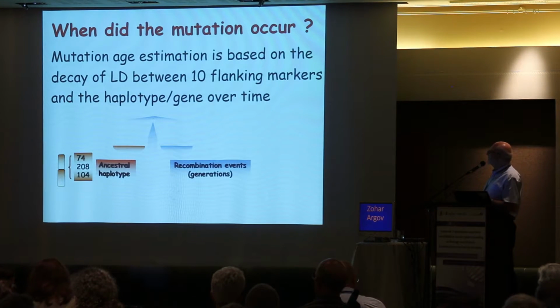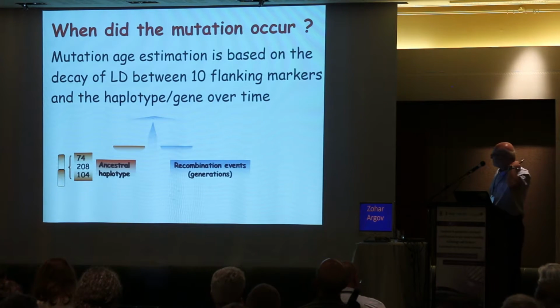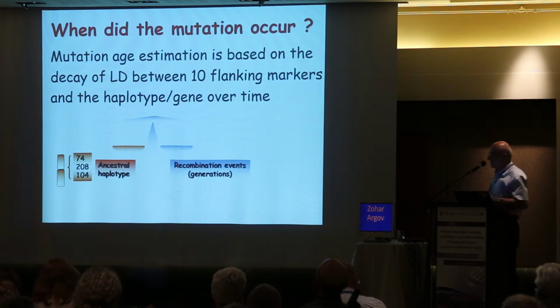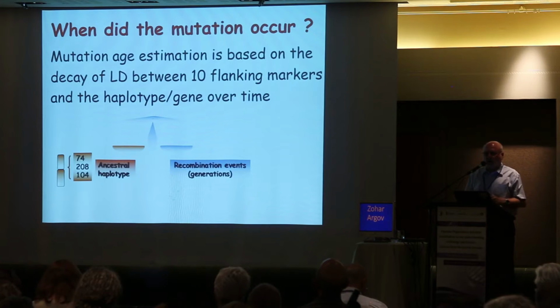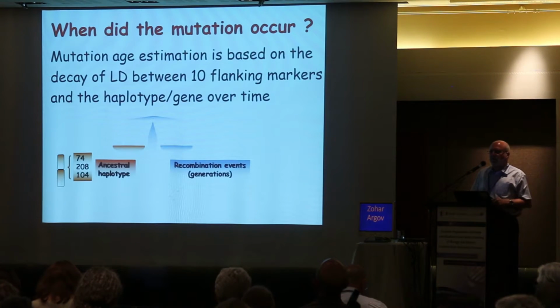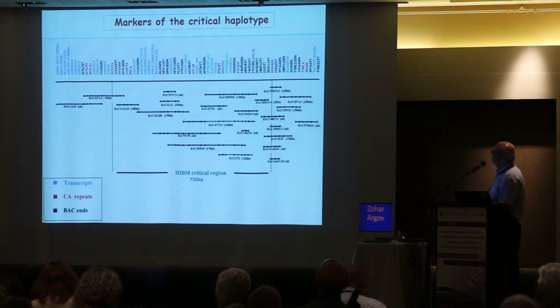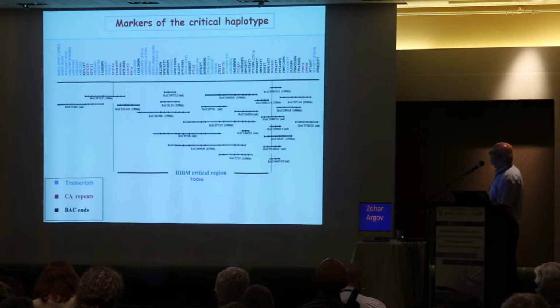Well, the mutation age estimation, as I said, I'm not a geneticist, is based on the decay of the linkage disequilibrium between the 10 flanking markers that we had beyond the 700 kilobase haplotype. This is the physical map that we had, I think, in 1998 or 1999.